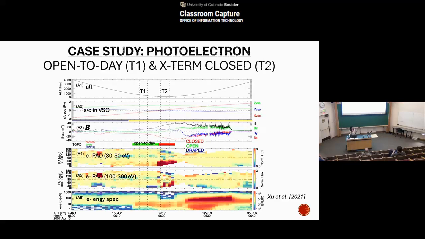We can have very long closed loops at Mars. So it's a lot larger in scale, but does it ever disappear empirically? Oh, it changes all the time because reconnection occurs, so it can be closed at one point, it can be open, it can be deeply draped. It's a very dynamic thing.